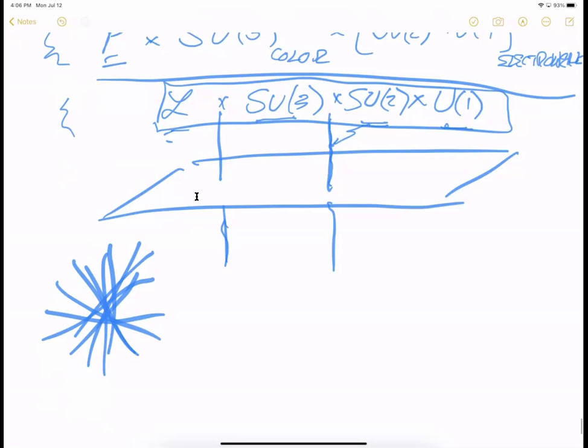Then with the discovery of the neutron, when was that? 32? Something like that. Dates don't matter. But the neutron is seen to decay into, at the time, a proton and an electron, and something else that came to be called the neutrino.